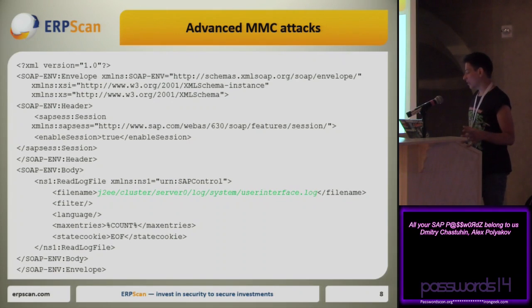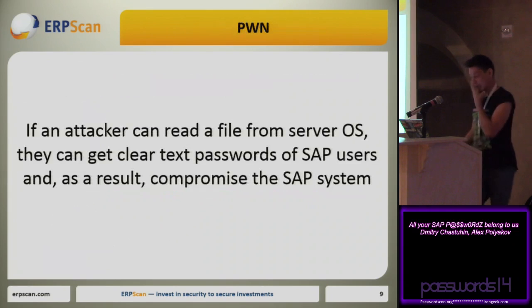Vulnerabilities which allow reading any file from the SAP operating system are important, because SAP stores a lot of sensitive information in files. It can be log files, trace files, some configuration or properties files. Of course, most of them, especially critical ones, have protection like encryption. But today I will show how you can bypass these encryptions.